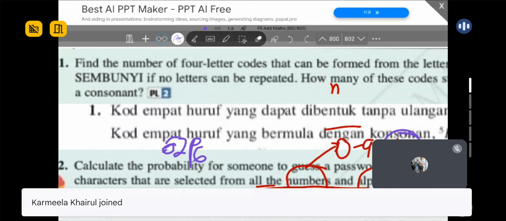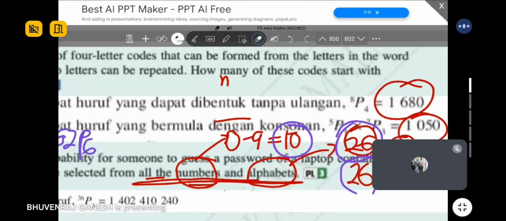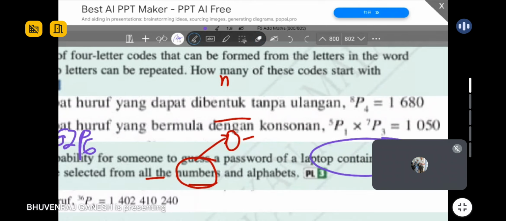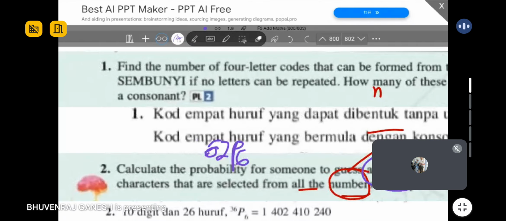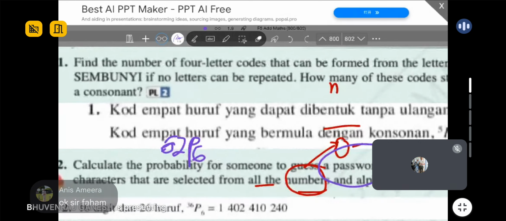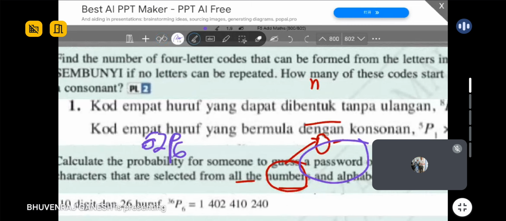P6 is because of 6 codes. Okay, this one over here. Okay, they want a password containing 6. Kata laluan dengan 6 karakter sahaja. Okay, so jumlah dia adalah yang ni lah. Okay, this one here should be wrong also. This one is not probability, guys.